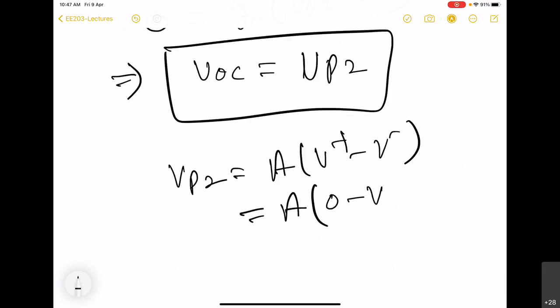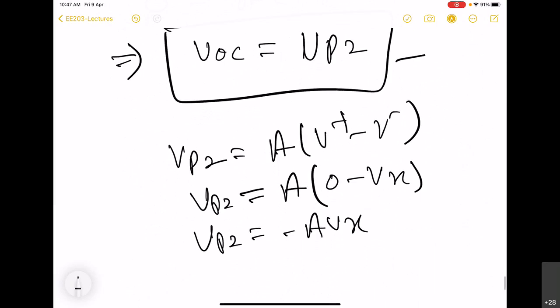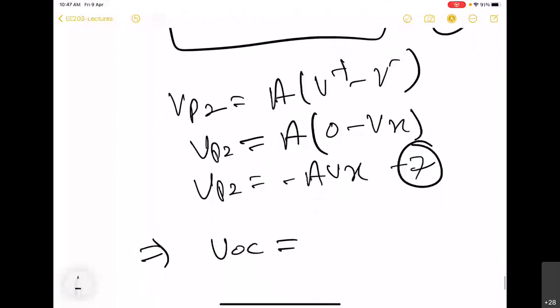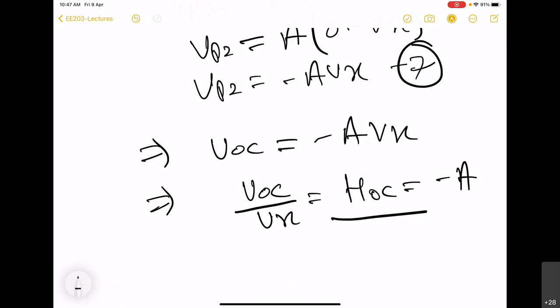So this is 0 minus Vx. So from this equation, say 6 and 7, this implies VOC is equal to minus A Vx. So that means VOC by Vx, which is the open circuit transfer function, is minus A.